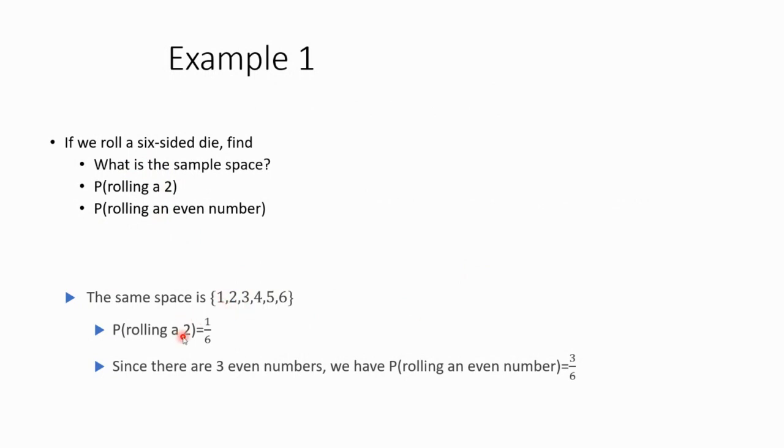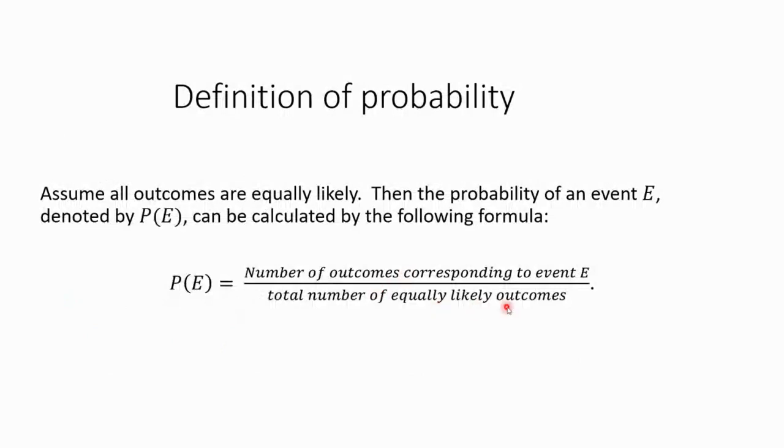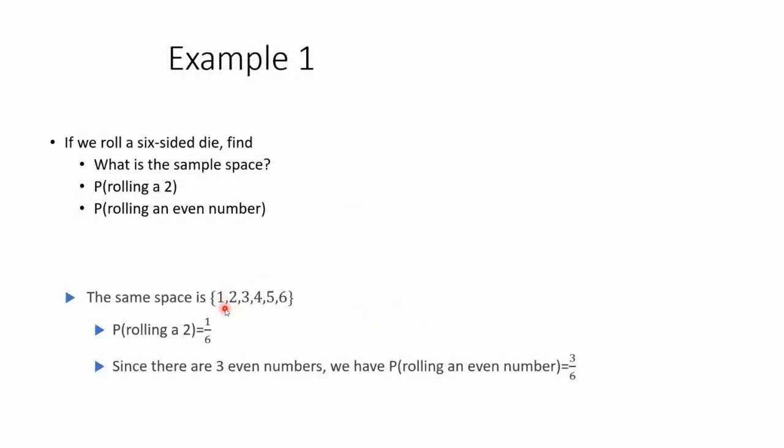Okay, well, rolling a 2, right? How can we roll a 2? Well, there's only one way we can do that, rolling a 2. So what's the probability of this event? 1 over 6, right? The sample space, how many outcomes there are altogether, the total number of equally likely outcomes, well, there's 6.